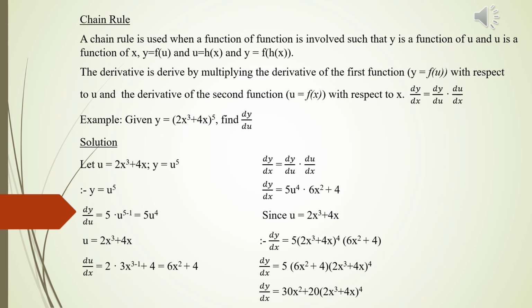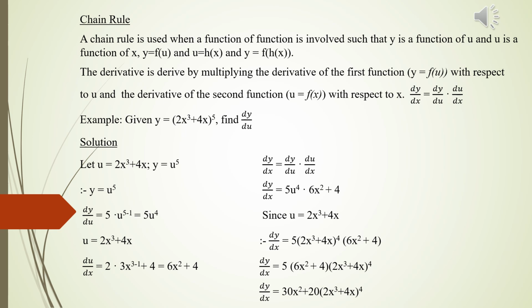So we substitute what we've gotten earlier into that chain rule. So since u equals 2x^3 + 4x, then dy/dx equals 5(2x^3 + 4x)^4(6x^2 + 4).